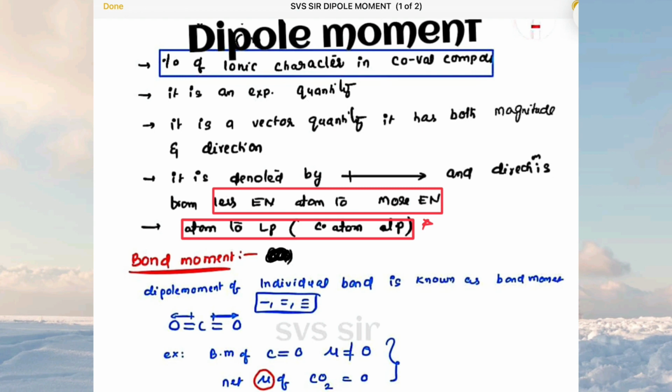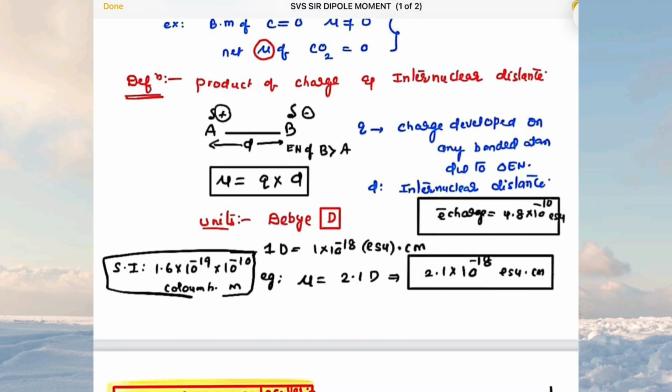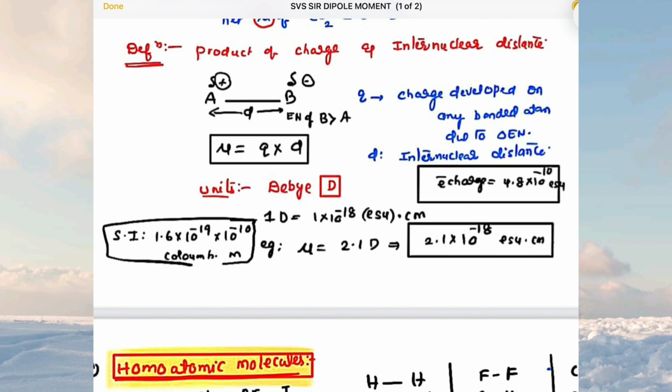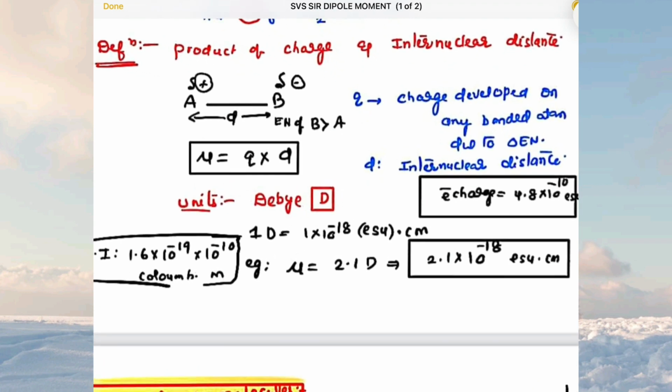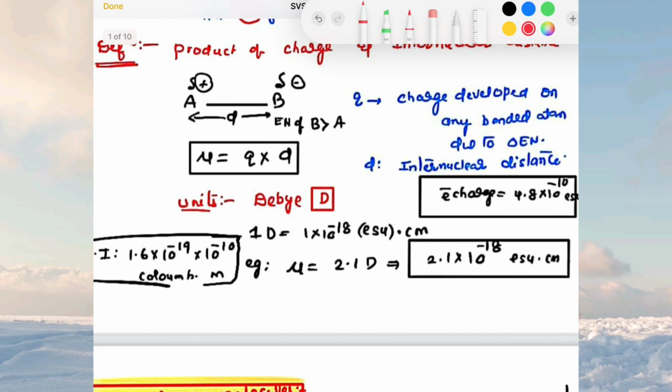So let us discuss. Now the first one, what is the definition? Product of charge and internuclear distance we call dipole moment.